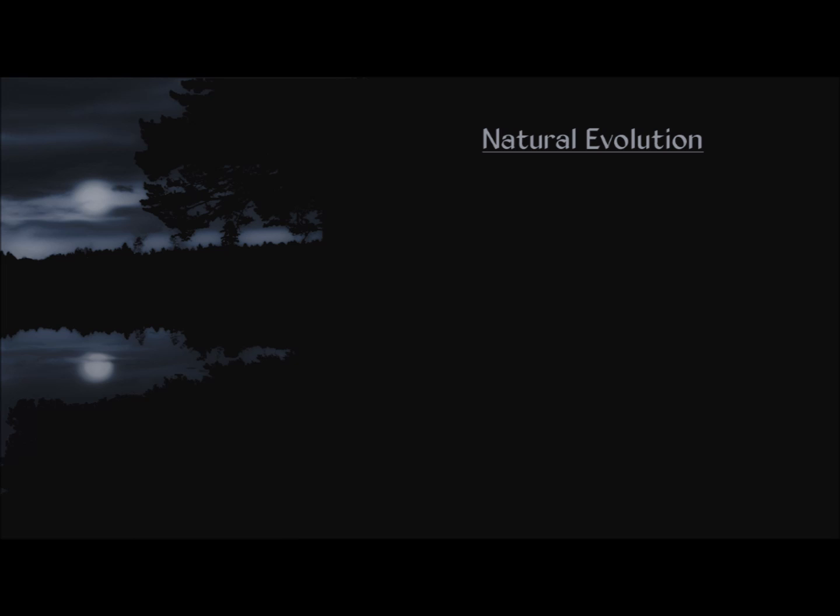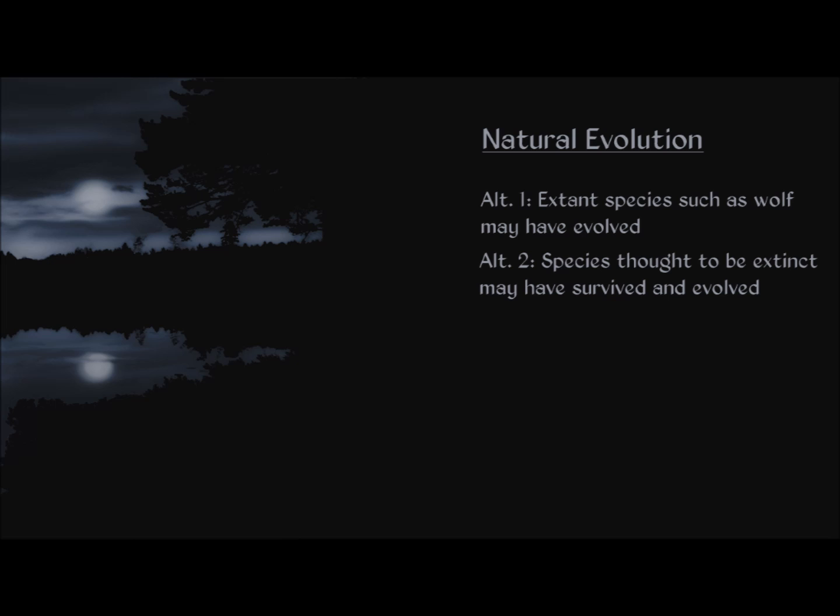For those who desperately try to stay scientific but still believe in the Dogman, this is the preferred theory. The claim is that either a natural species, be it wolf, dog, coyote, or an extinct species such as direwolf or amphibian, believed to have survived in small numbers somewhere, have evolved into the Dogman of today.